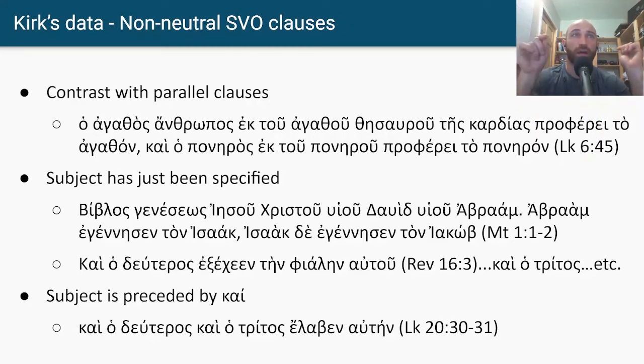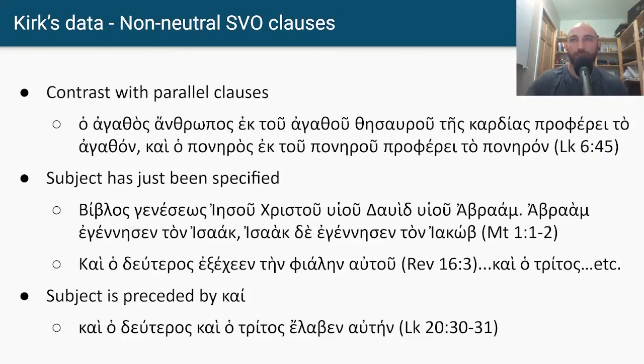So Abraham egenesen ton Isaac, and then Isaac de egenesen ton Jacob, etc. Isaac in the first clause is the object. It was just specified, and then it becomes the subject in the next clause. So she says, okay, well, these clauses aren't really pragmatically neutral, just not the best example of that.